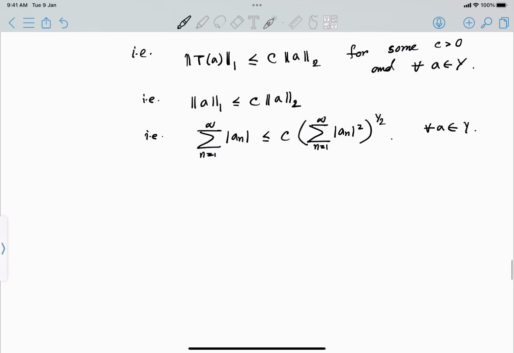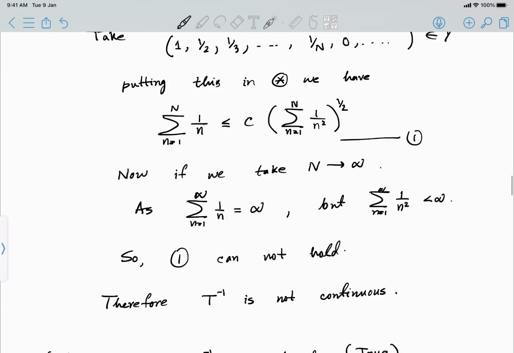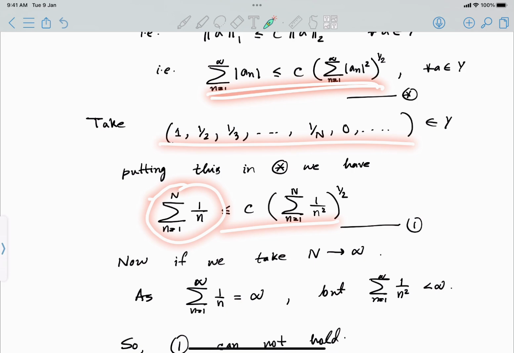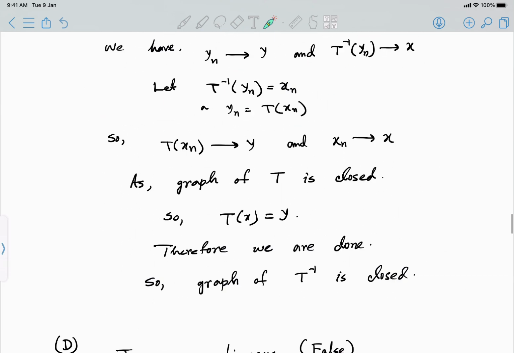But this is the same argument as we have seen earlier. We have to show that this can't happen, because if you take such a sequence, the left hand side goes to infinity but the right hand side is finite.